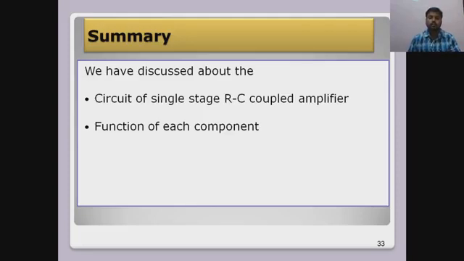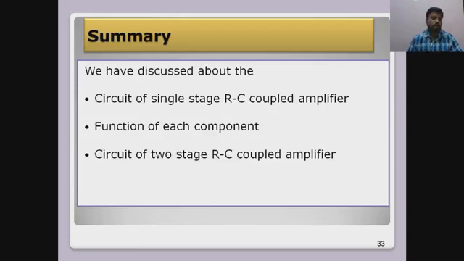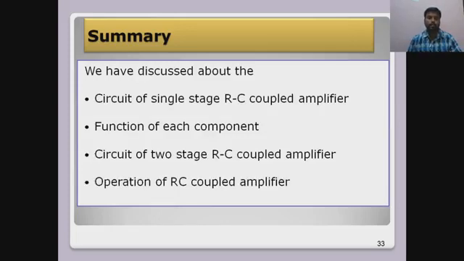RC is the collector resistor, CC the coupling capacitor, C in the input capacitor, and finally CE is the emitter bypass capacitor. The circuit of the two-stage RC coupled amplifier, its working and operation, we have also discussed.